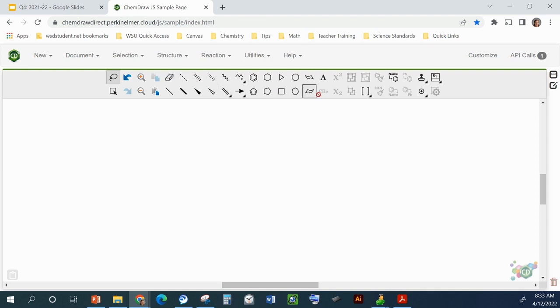If you're trying to talk about molecules in your signature assignment, this would be a good way to draw them. You can add a double bond, or I can make this one into an oxygen.